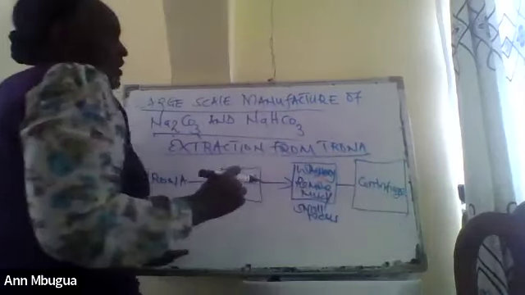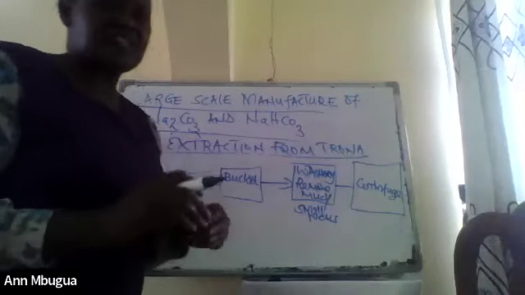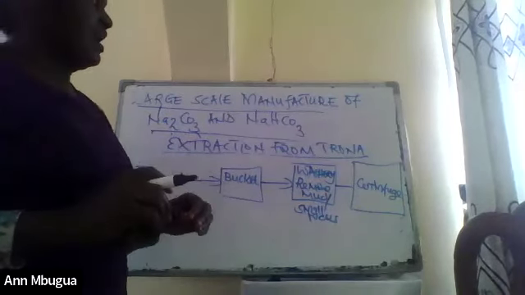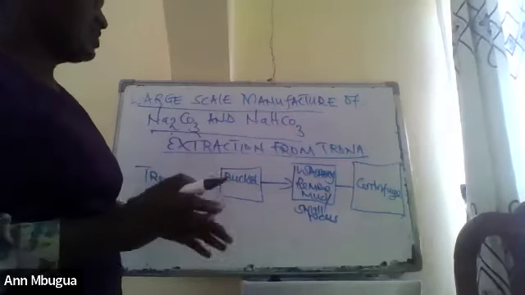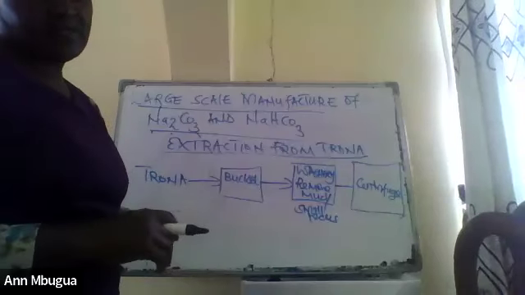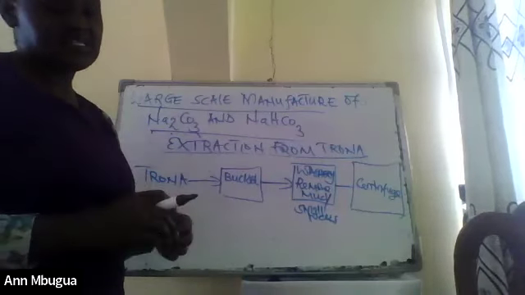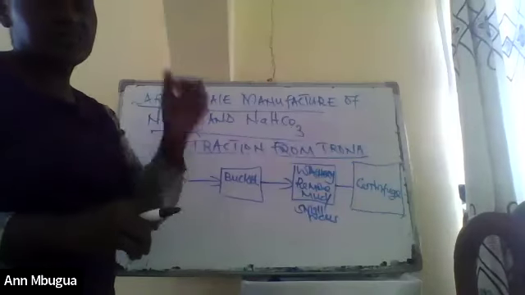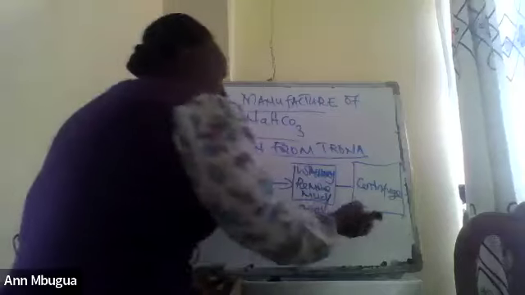Centrifuge means it's a device of separating various solids based on their size, their density or mass. So we saw it is in solid form. So the various sizes will be centrifuged to remove water and also to purify it further.